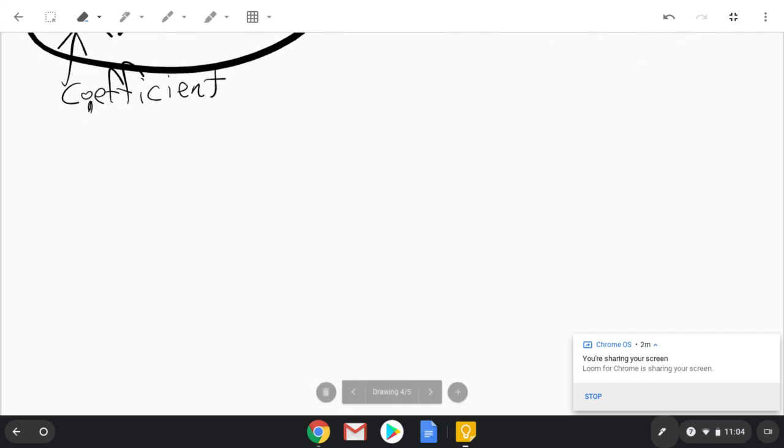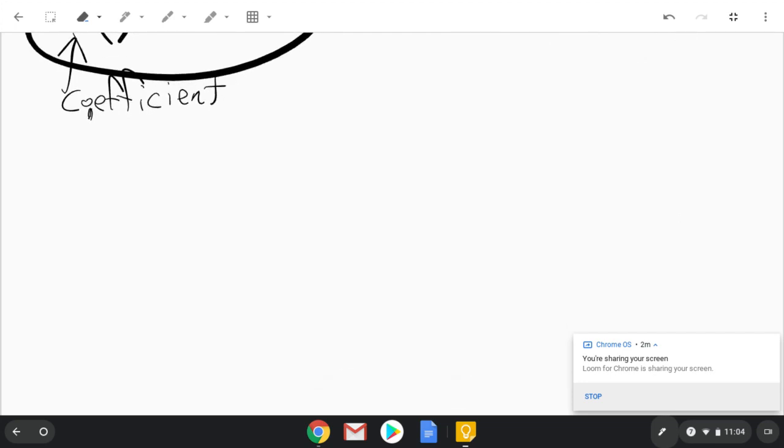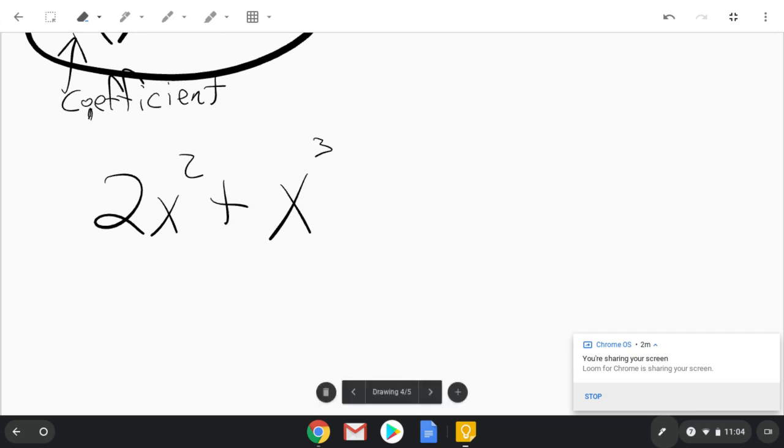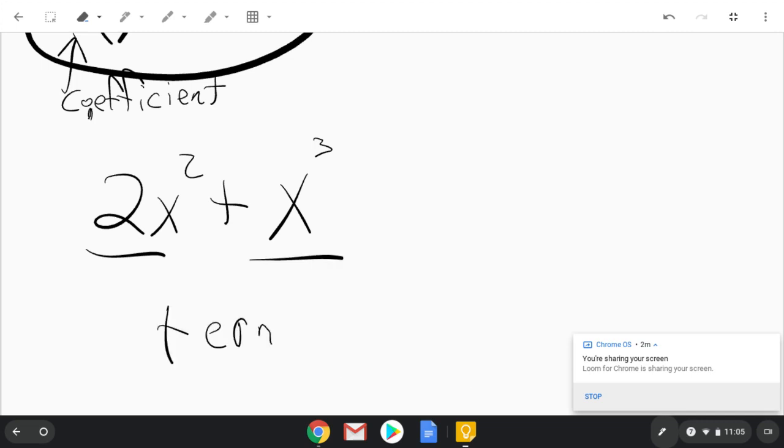But if you take two monomials, so let's say 2x squared and x to the third power, and you add or subtract them, this is considered a binomial. The reason it's considered a binomial is because it has two pieces. This piece and this piece, these are called terms.